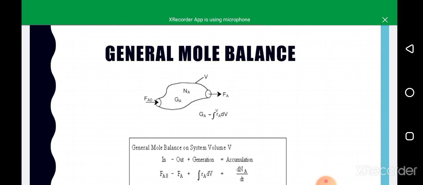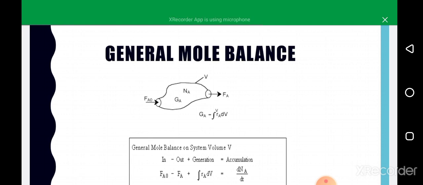If we talk about this equation in the context of reactor, we can say that inlet flow rate minus outlet flow rate plus generation is equal to accumulation, and two variables are added in this equation.